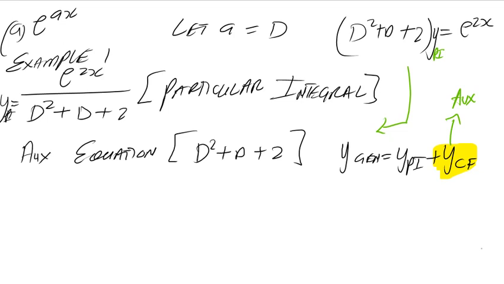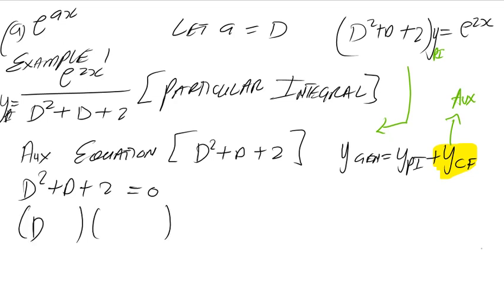Here the first thing you do is take that D squared plus D plus 2, then equate it to 0 and check if you can find the factors. It's 2 and 1, and we want positive 1, so it will be 2 minus 1.